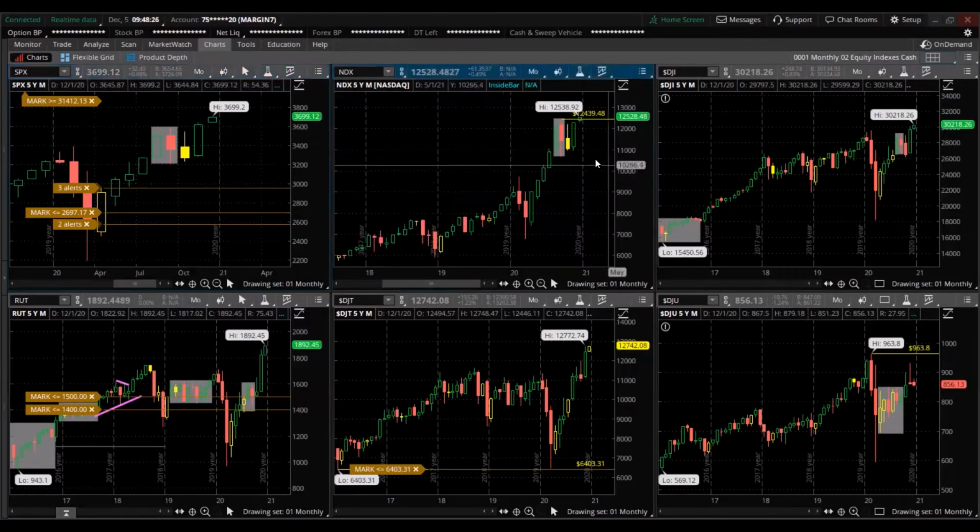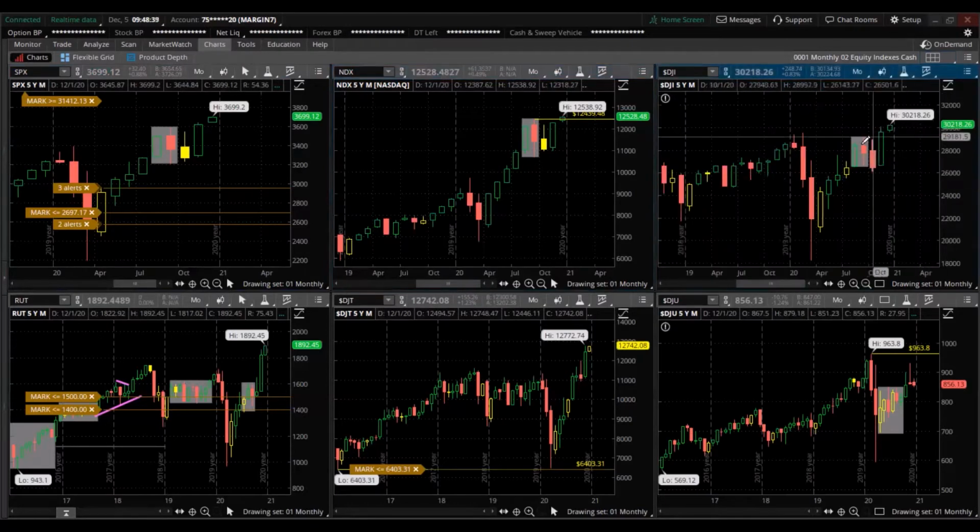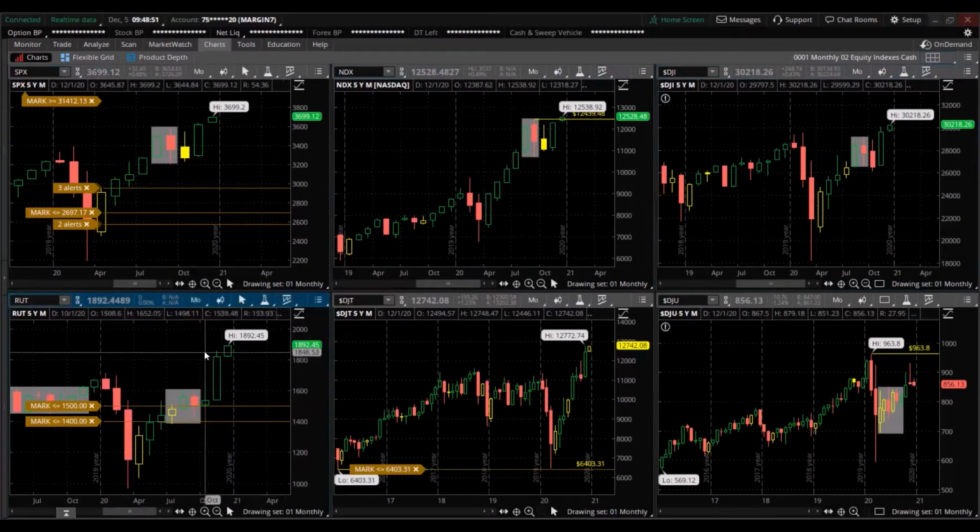The NASDAQ 100, which is inside the S&P 500, also made a new high for the month and for the year. The Dow Jones Industrial Average also made a new high for the month. This index is also in the S&P 500. The Russell 2000 is not inside the S&P 500. It made a new high for the month and a new high for the year.